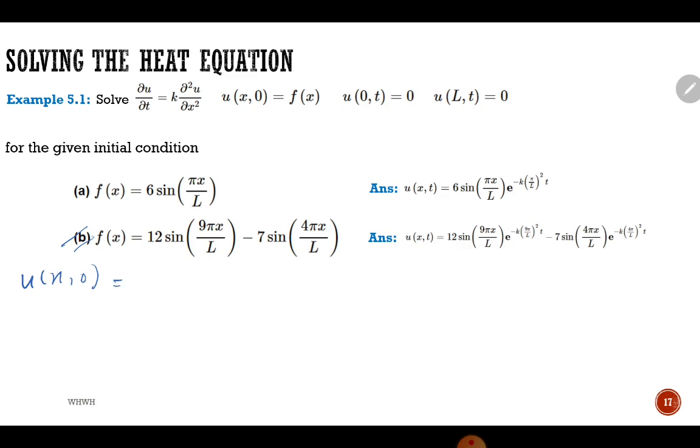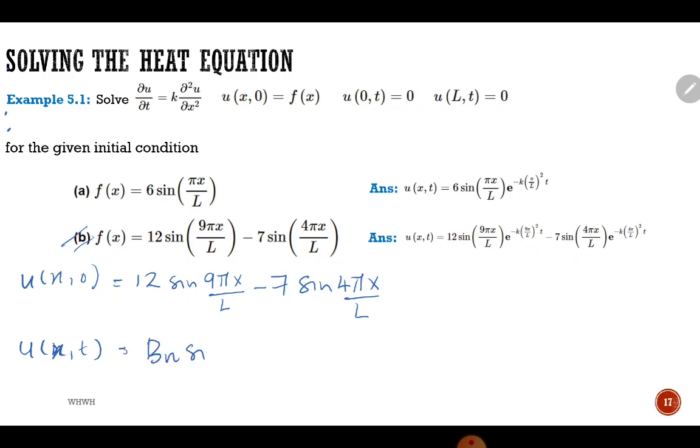So u at 0 is equals to 12 sin pi x over L minus 7 sin 4 pi x over L. And we know that our u(x,t) is equals to bn sin n pi x over L e power of minus n k pi over L square t.